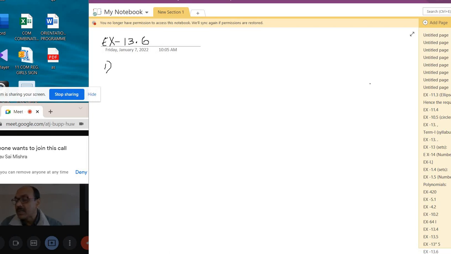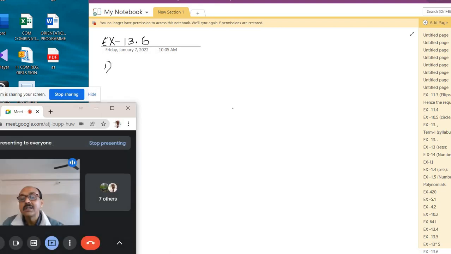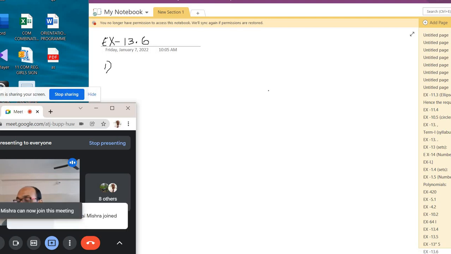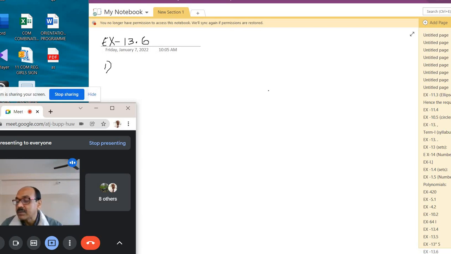Chapter Surface Areas and Volumes, exercise 13.6, question number 1. The circumference of the base of a cylindrical vessel is 132 centimeter and its height is 25 centimeter. How many liters of water can it hold?